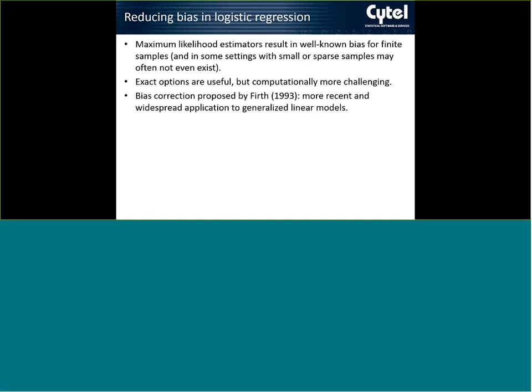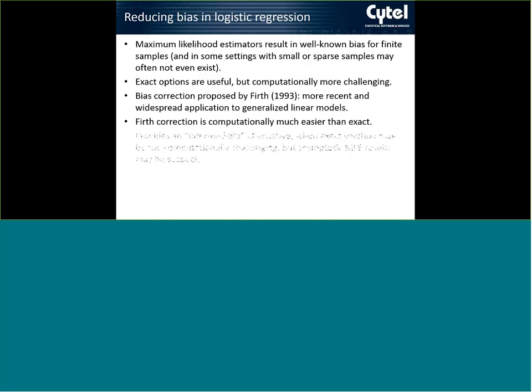It appears to correct this bias for finite samples, so that you can perhaps make your estimators a little more robust without the computational challenges, in some cases, of exact methods. The first correction is fairly computationally simpler than exact for sure. And so the upshot is that it provides an intermediate alternative.